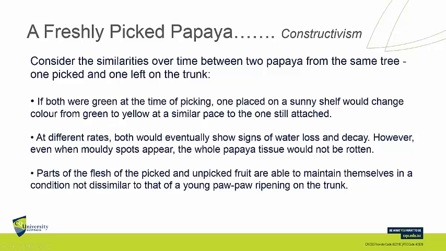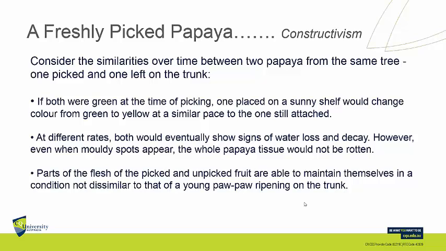You can see the space here for charts, for charting, for live data gathering, for data mapping. Both would eventually show signs of water loss and decay. We'll start to see some physical change in their appearance. However, even when mouldy spots appear, the whole papaya tissue would not be rotten. So again, they're going to appear at different rates. We may use photography, we may use sketching, we may use diagrams.